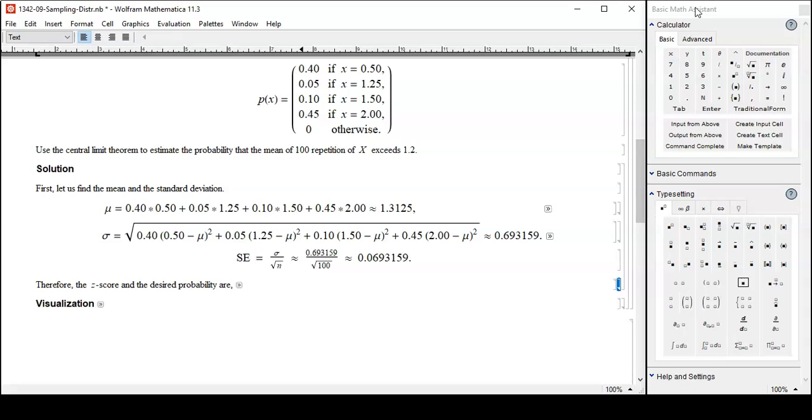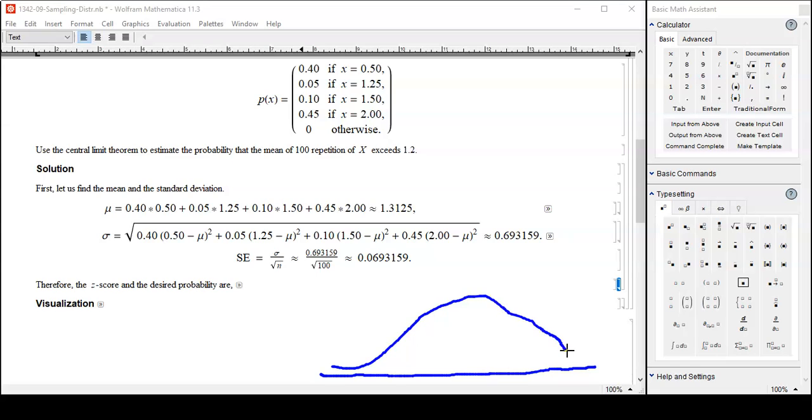And then let's go to the drawing mode. So we are doing a normal approximation, right? So let's draw a normal picture. And this normal picture will approximate whatever random variable we will be working on. And it is centered at the mean of 1.3125.